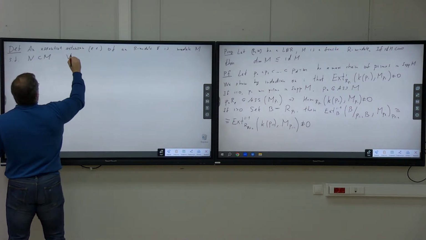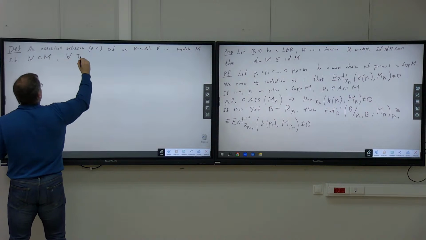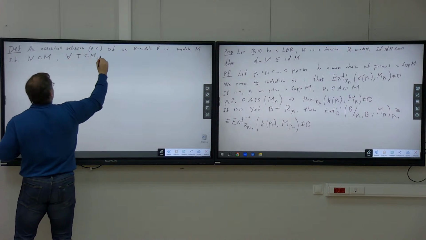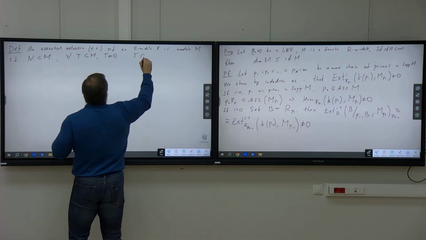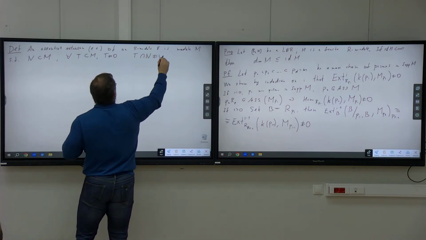So for any test submodule T inside M such that T is not equal to 0, the intersection of T and N is not equal to 0.